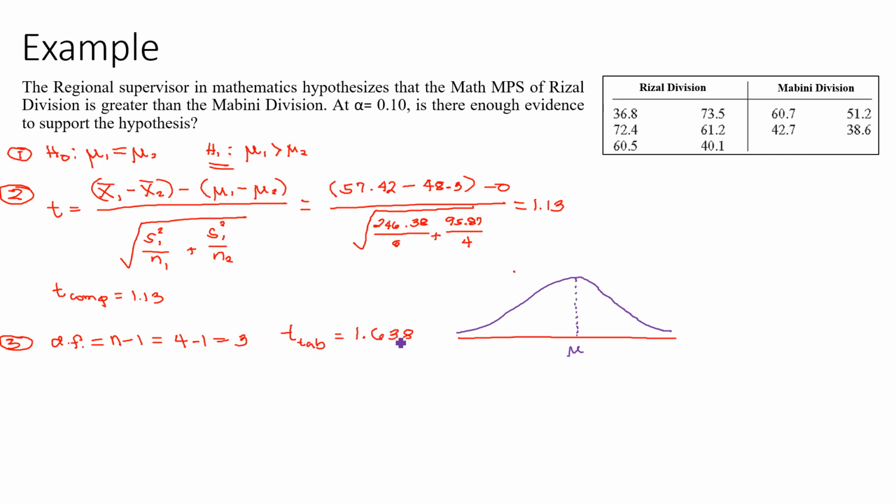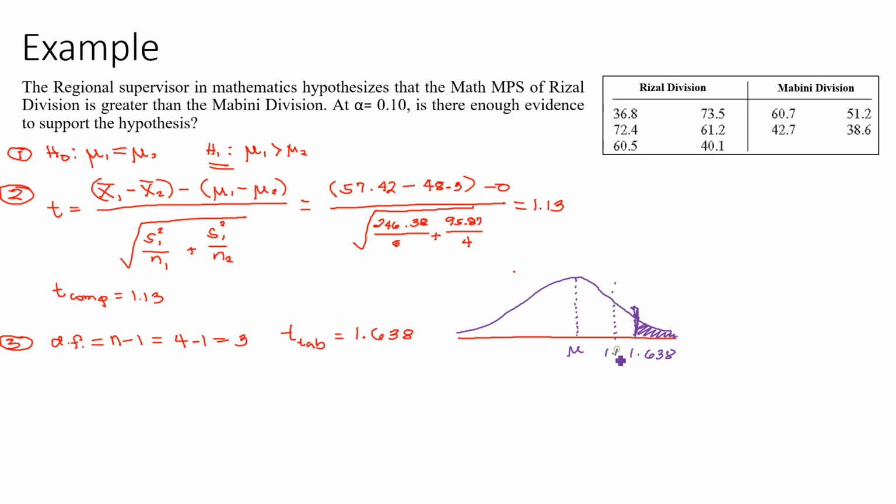The mean should be equal to 0 because it is standardized. So this would be our 1.638. If the value lies within this shaded portion, then we are going to reject the null hypothesis. However, the computed t-value is 1.13. Therefore, it is placed somewhere here. So it is equal to 1.13.